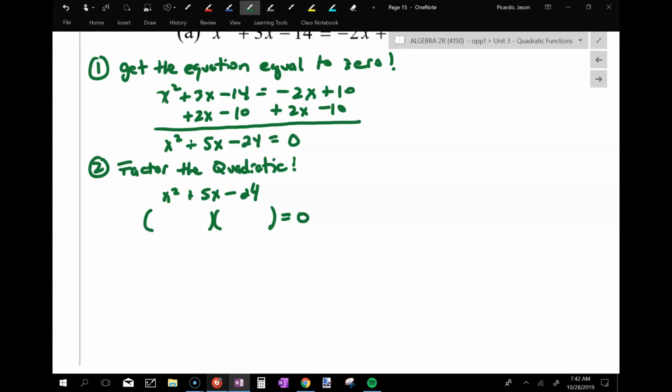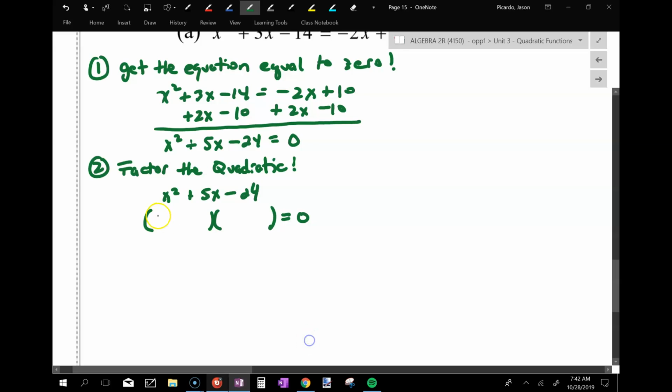What's 8 times 3? 24. One's positive, one's negative. So do I have my -24? Yep. And if it's positive 8 minus 3, is that 5? It is. So those sound good to me, okay? x plus 8, x minus 3. All right. And then we take both of those, right?